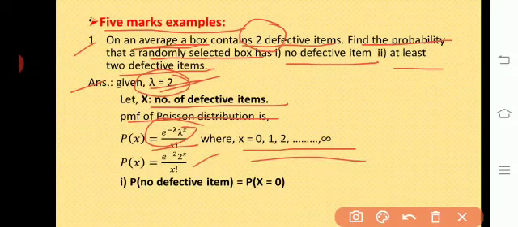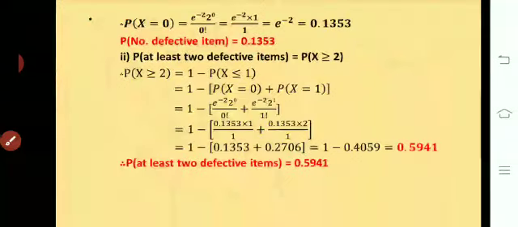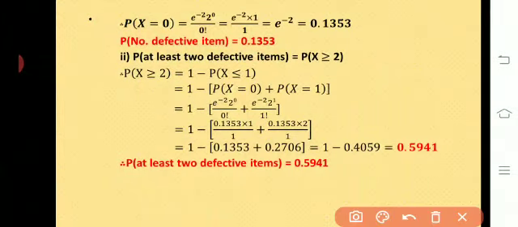Now the first sub question is to find the probability of no defective item. No defective item is probability of x equal to 0. Therefore probability of x equal to 0: in the PMF put x equal to 0.